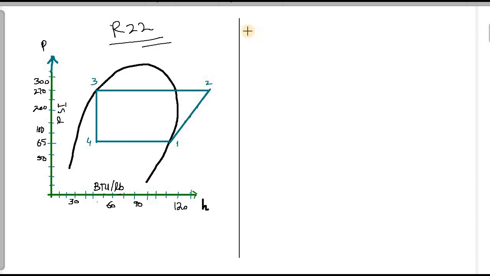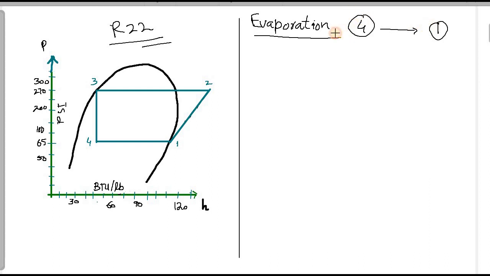First of all, we will find the change in pressure and change in enthalpy during this evaporation process. The evaporation process is from point 4 to point 1. As you can see here, this is the starting point of evaporation and this is the end point of evaporation.